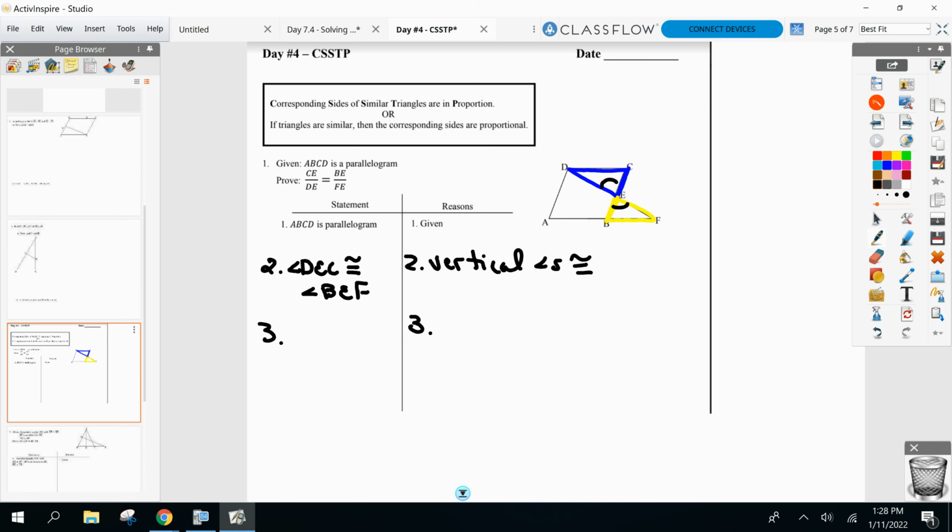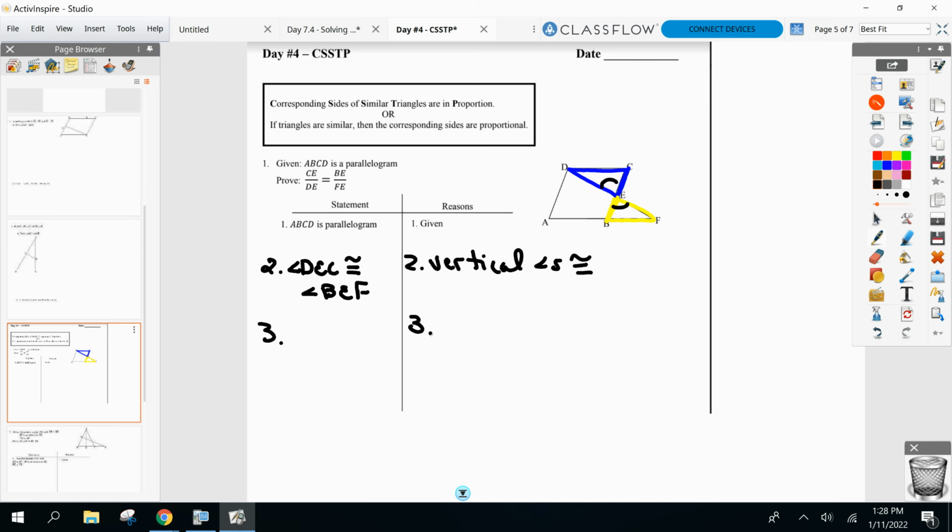So then step 3 is saying AB is parallel to DC because opposite sides parallel. And then we say BF is an extension of AB.